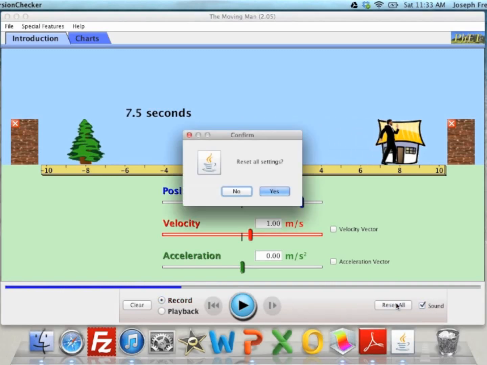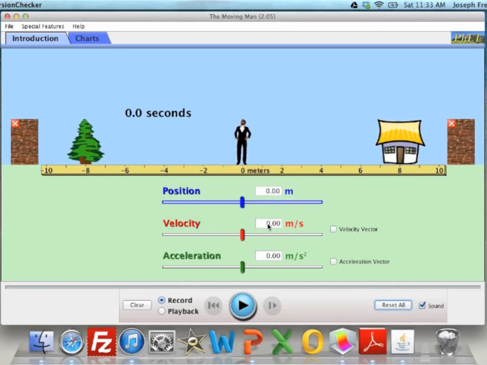Now let's replay. Just to help reinforce your understanding, notice that as each second goes by, he's covered 1 meter. And that's exactly what 1 meter per second means. Let's count it out. 1, 1,000, 2, 1,000, 3, 1,000, 4, 1,000, 5, 1,000, 6, 1,000, 7, 1,000.